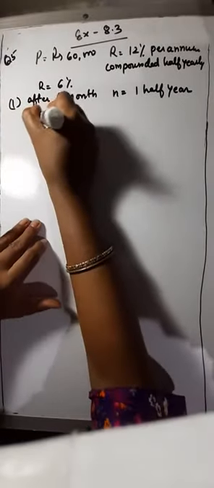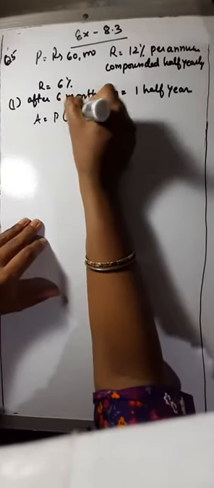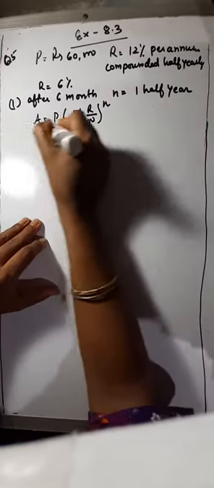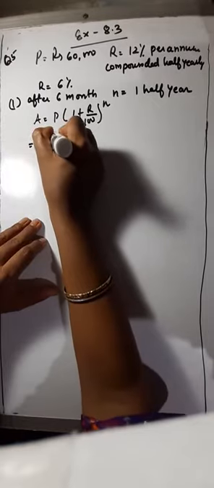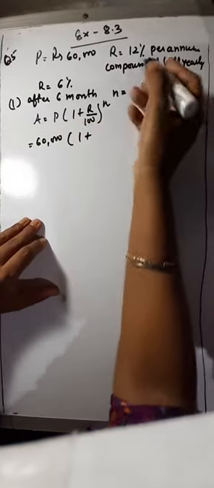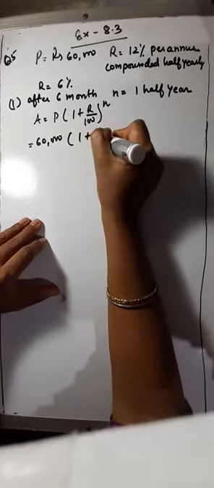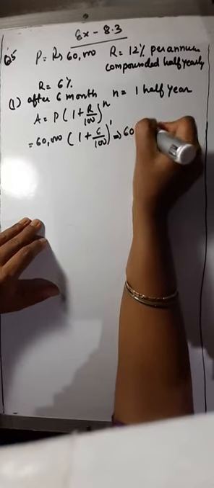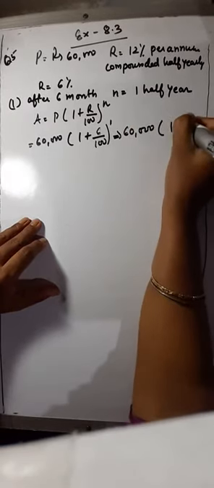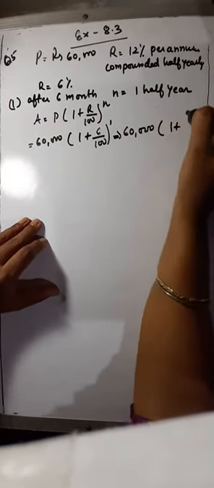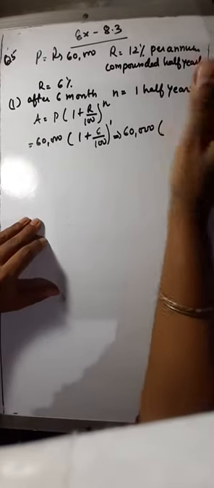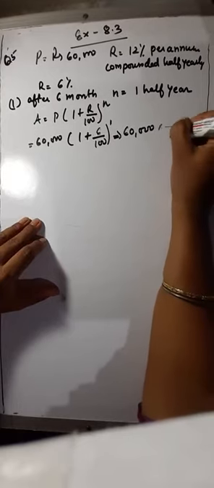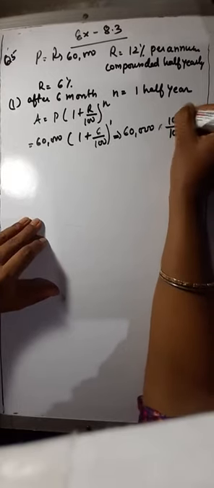amount is equal to P(1 + R/100)^n. 60,000 (1 + 6/100)^(1/2), that means 60,000 (1 + 6/100), taking LCM we get 100 and in numerator we get 106.